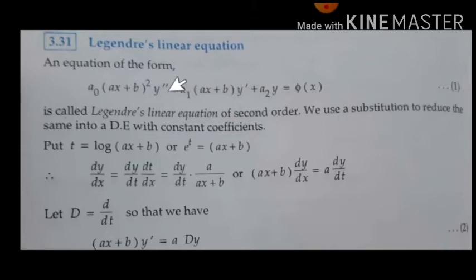Along with y double dash, power 2 of the term ax plus b is there, along with constant coefficients, and the right hand side is some function of x. So this type of differential equation with variable coefficients in this standard form is called Legendre's differential equation.